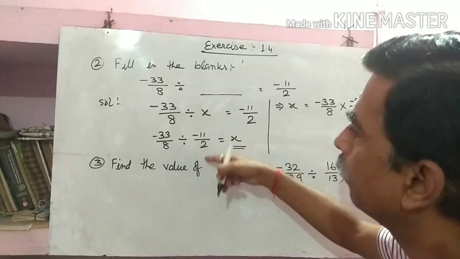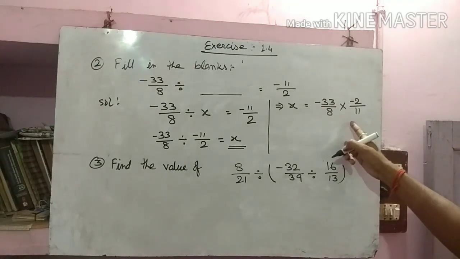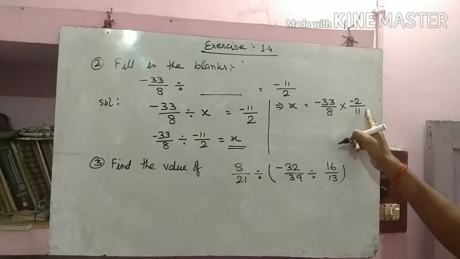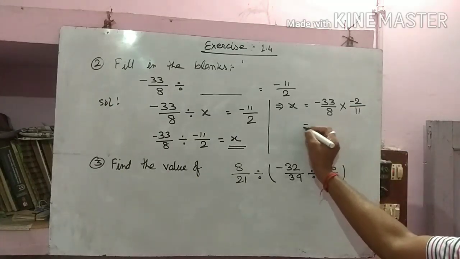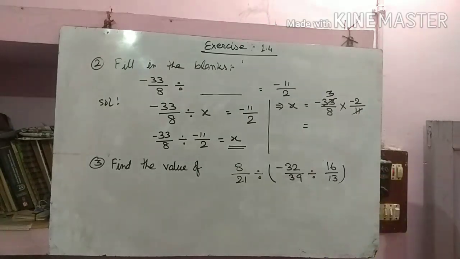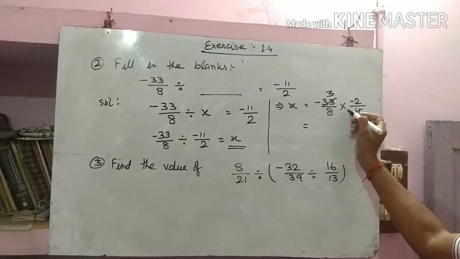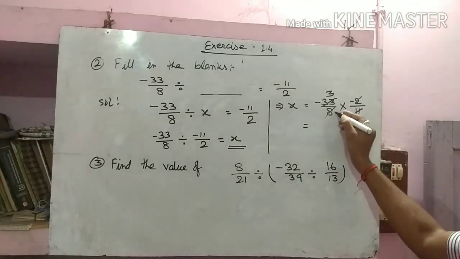Actually this is 2 by minus 11, but I have written the standard form of a rational number because the denominator should be positive for any rational number. That's why I have placed the negative sign here. Okay, then what will you get? 11 3s are 33. We discussed that if there is a sign of multiplication, we can divide crossways also, and 2 4s are 8.